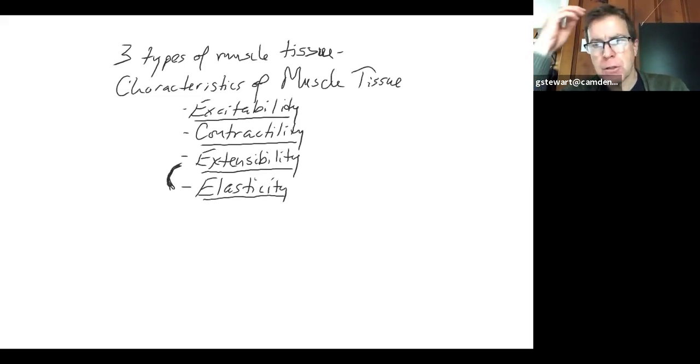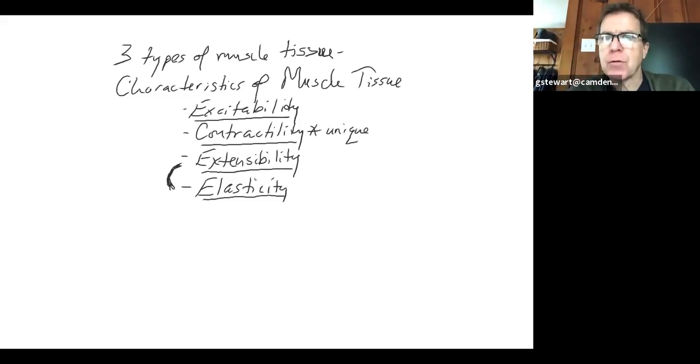After a cell can stretch, it's also able to recoil to its original position. So after it contracts or stretches or extends, cells are able to recoil or snap back to their original size and shape. This one, contractility, is the true unique one from other cells.